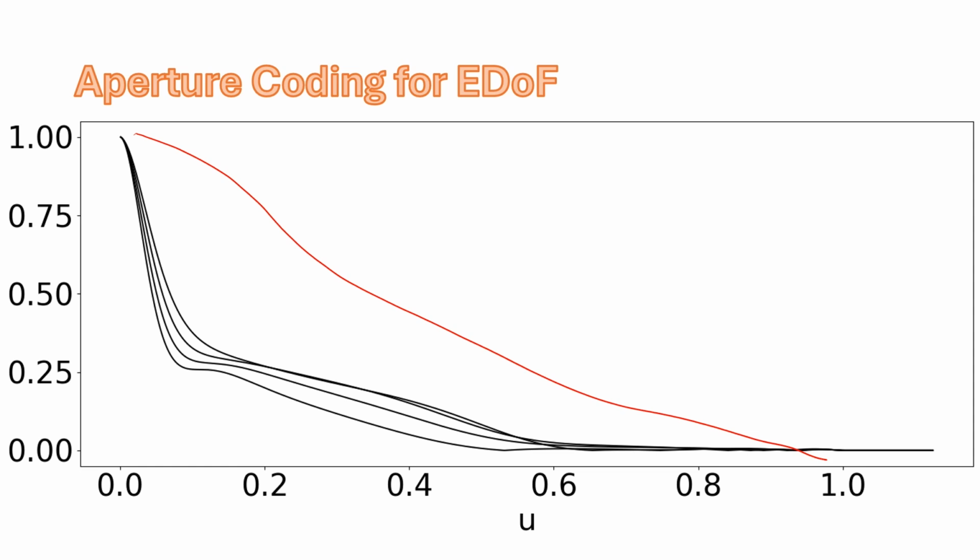So by adding this blur, you get extended depth of field, but you have a trade-off between the resolution you have in focus and the resolution you have in deep focus. You can get reasonable performance over an extended depth of field, but it's much worse than the MTF that you get in the in-focus plane.